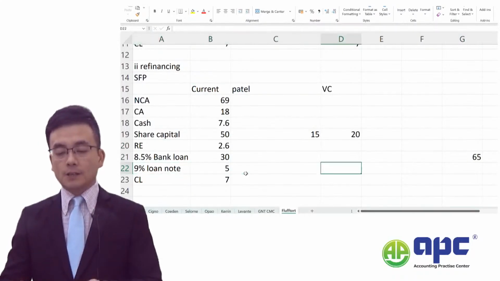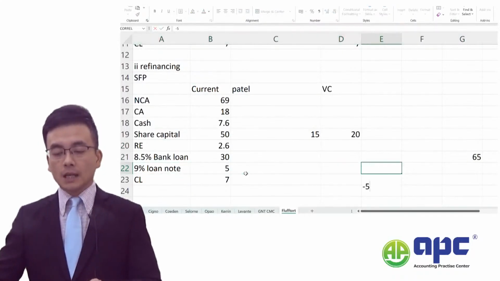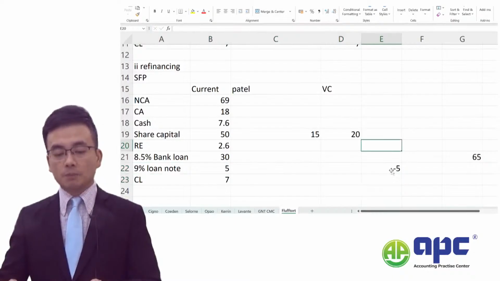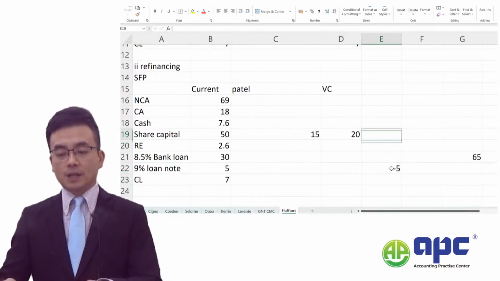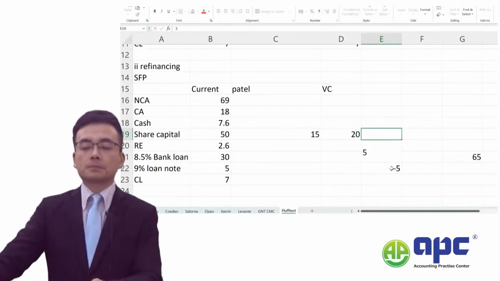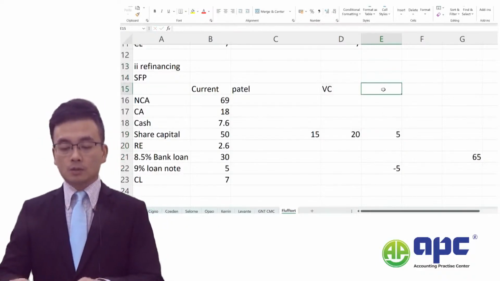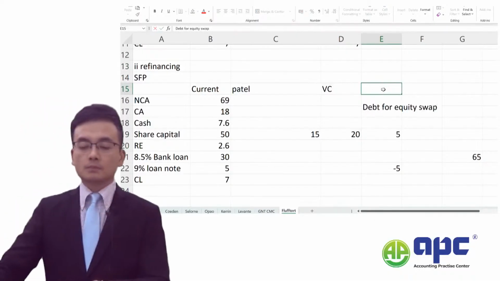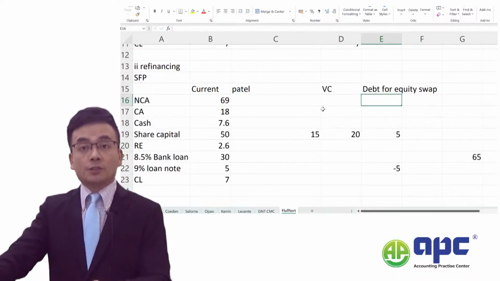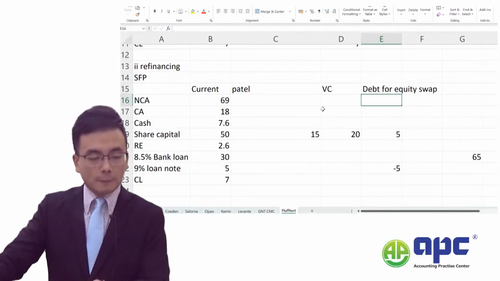So minus 5, and to be replaced with a number of shares, with share value of 5. Alright? So this is what I mean by the debt for equity swap. Okay, so just to make a quick note of that.